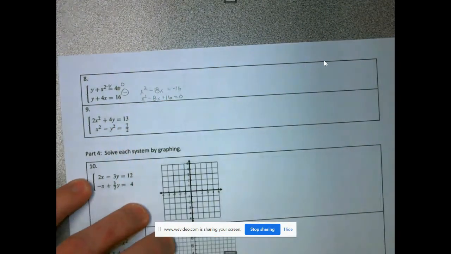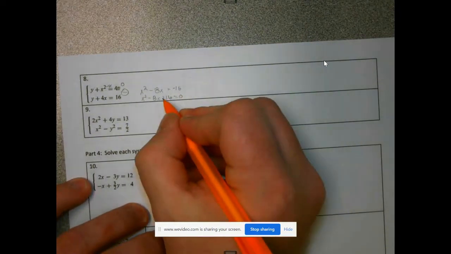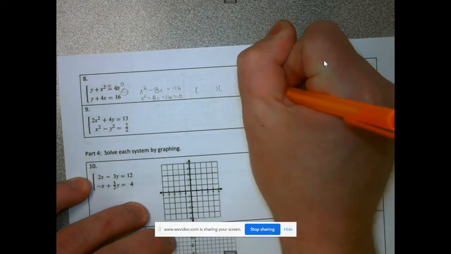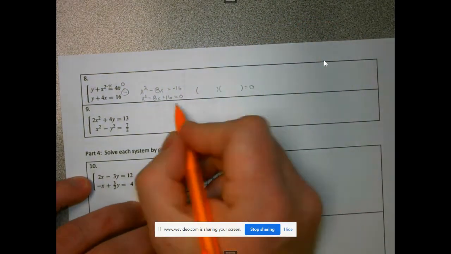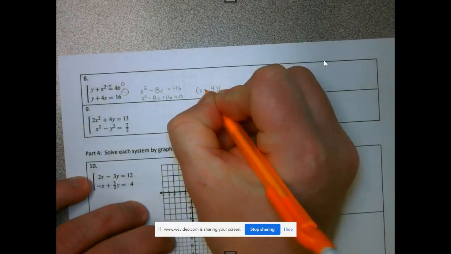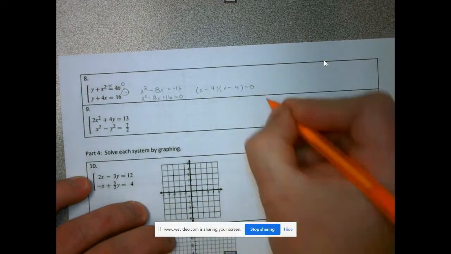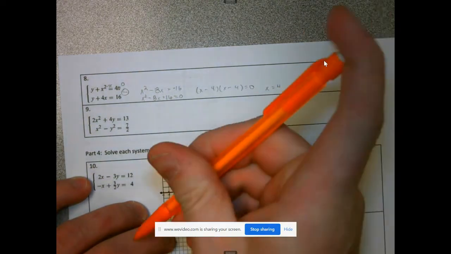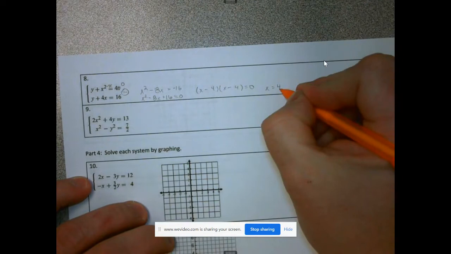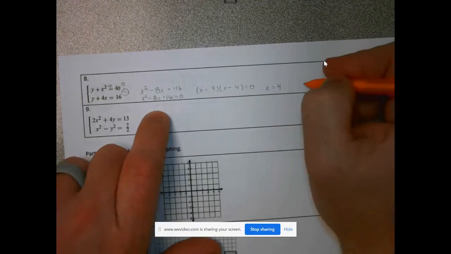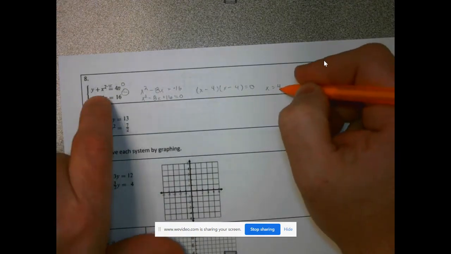So you need factors of 16 that add to 8. The factors of 16 that add to 8 are 4 and 4. Signs are the same. They're both negative. So you have x equals 4 with a multiplicity of 2 there. Now to find the y value, we just take this x value and plug it back in.